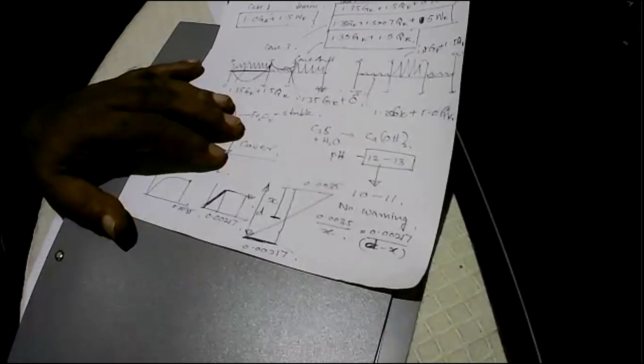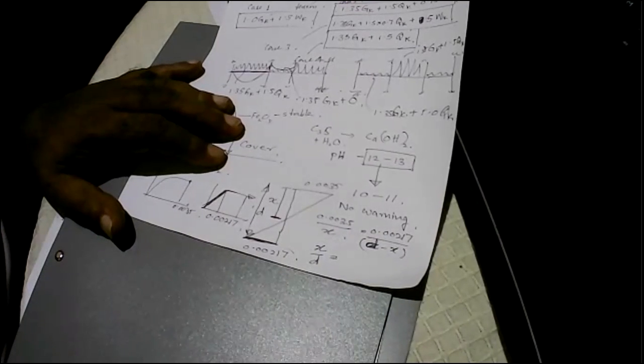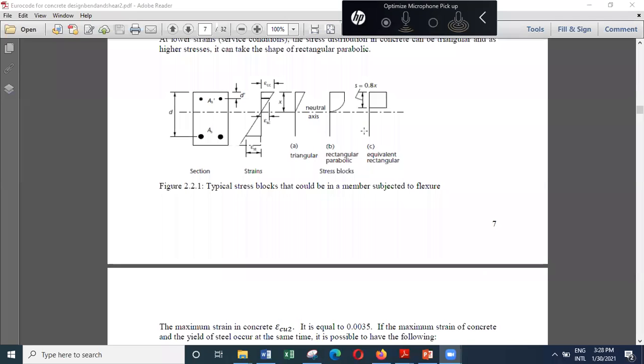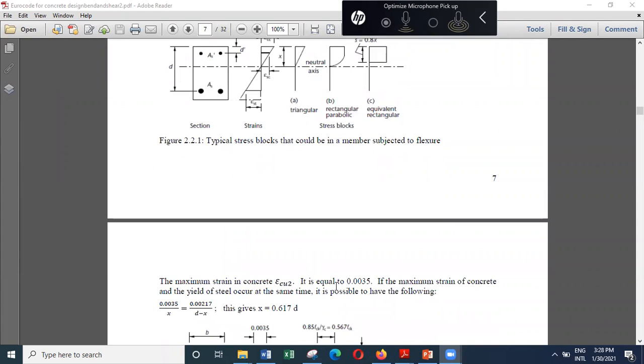By using this equation, we can find the x over d ratio, and it is equal to 0.617. So that means it is more than the midpoint.